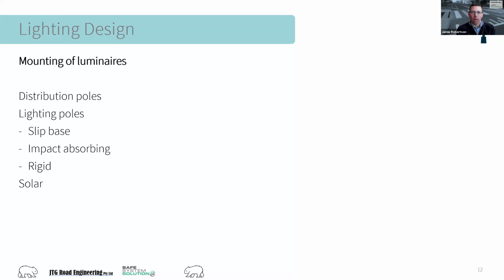Solar lighting is becoming increasingly popular and is a great option where we don't have a direct power source. And I've heard recently that a solar light can be installed for as little as $7,000. So it's often not a cost prohibitive consideration.